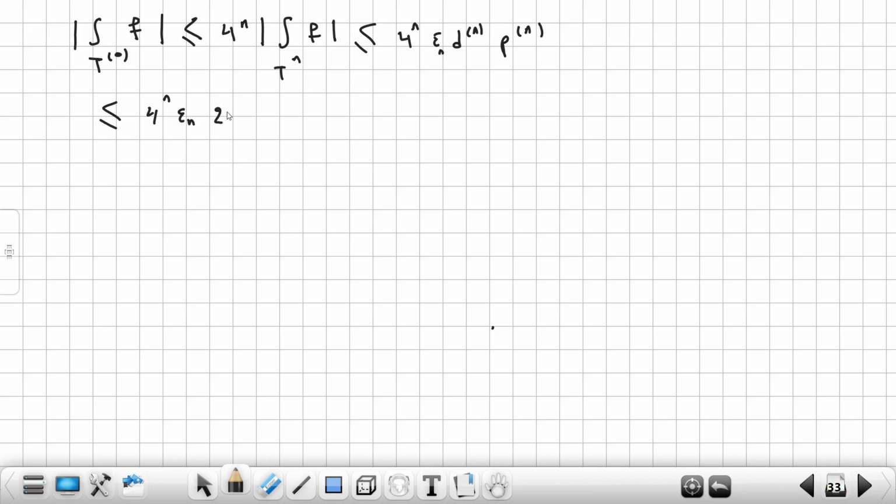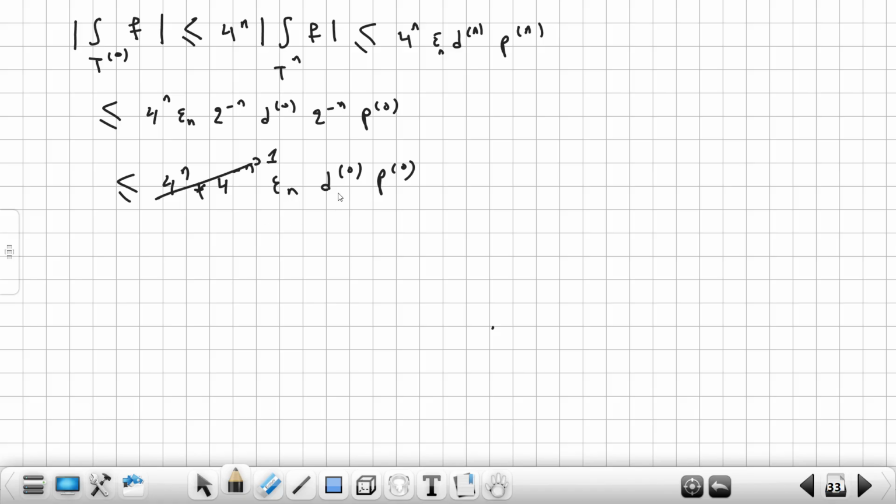So here we will write 2 power minus n d0, 2 power minus n p0, so this is less than or equal to 4 power n times 4 power minus n epsilon n d0 p0.